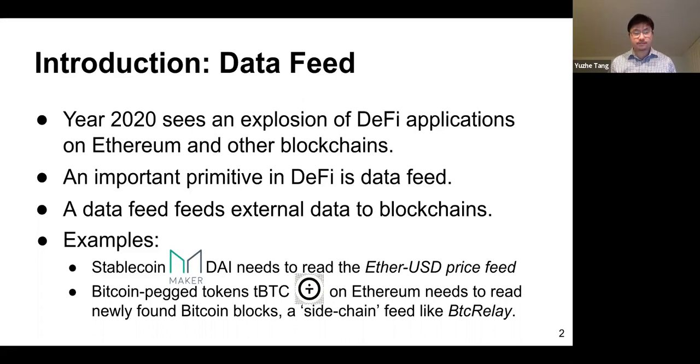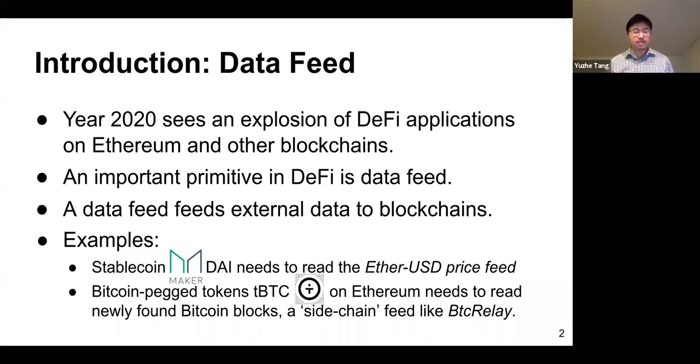For instance, a stable coin like MakerDAO's DAI, running on the Ethereum blockchain, needs to read the exchange rate between Ether and US dollar in order to make liquidation decisions.